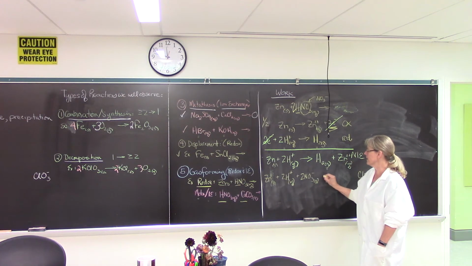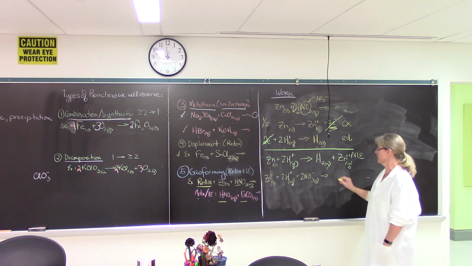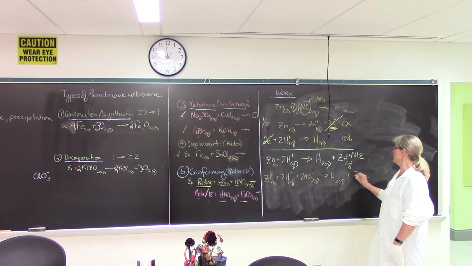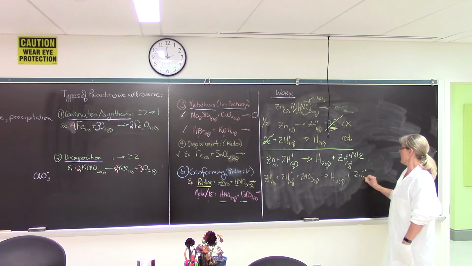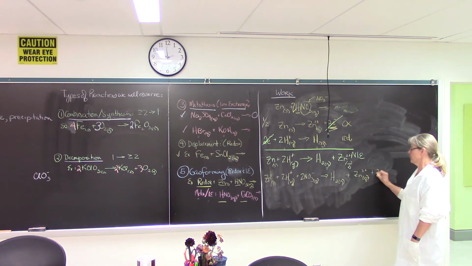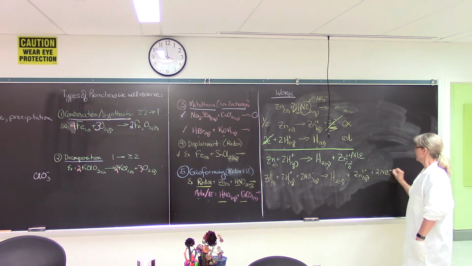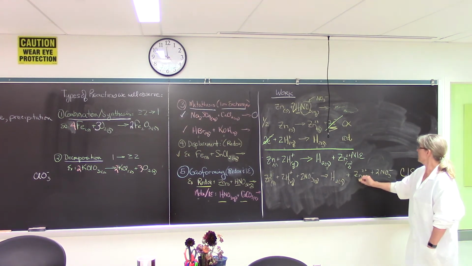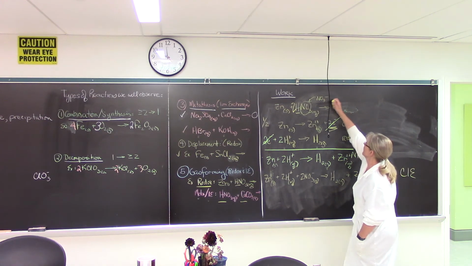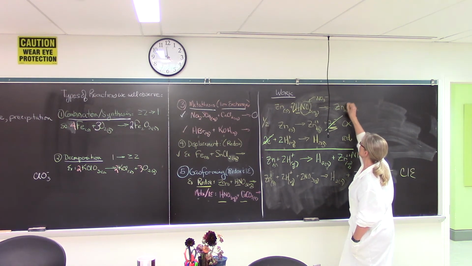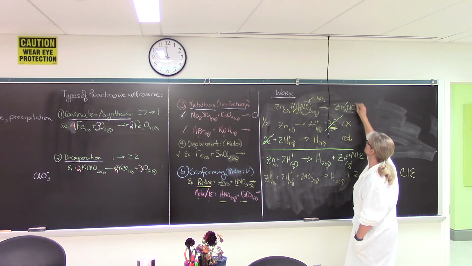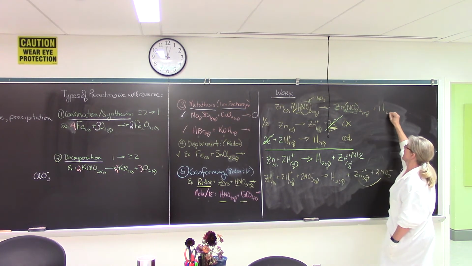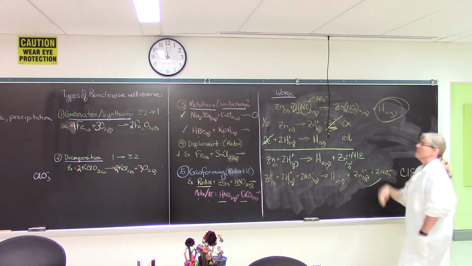And for this side of the equation, I'm going to have my H2 gas and my zinc 2+ aqueous and my 2 nitrates. And that is my complete ionic equation. Now I can easily see that I'm going to end up with zinc nitrate and hydrogen gas. Gas forming.